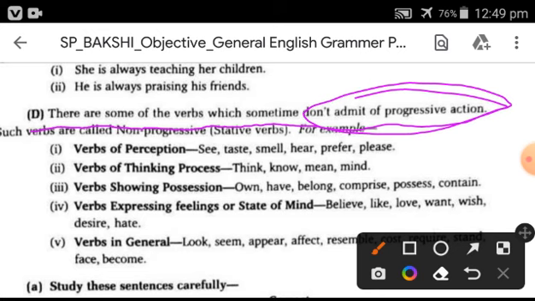When we talk about continuous tense, we do not use ing with these verbs in general.